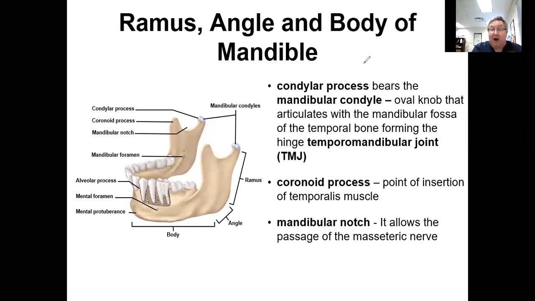Again, on your practical though, when I show this bone, all you will have to tell me is that it's the mandible. But on my exams and quizzes, the body, the angle, the ramus, the mandibular condyle, the mandibular notch, and the coronoid process are all open game to me. Okay, you've got to know those parts. So when we get you guys in here, I want you to go over all the parts of these bones.